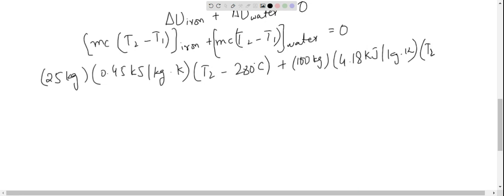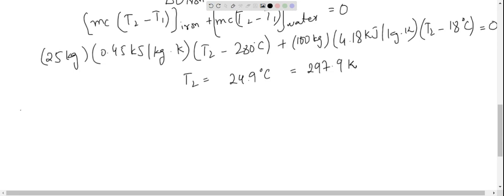T2 we don't know, and T1 of water is 18 degrees centigrade. Now by solving this, we get the value of T2, that is 24.9 degrees centigrade. Converting it into Kelvin, this equals 297.9 Kelvin.